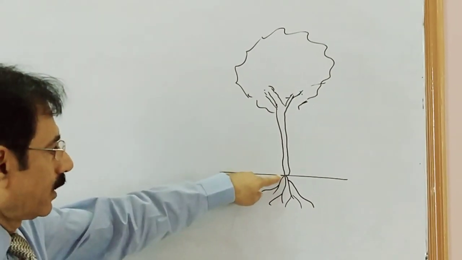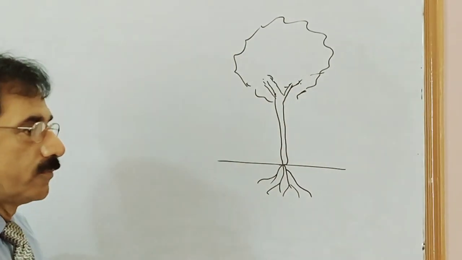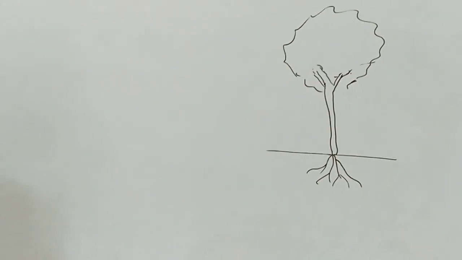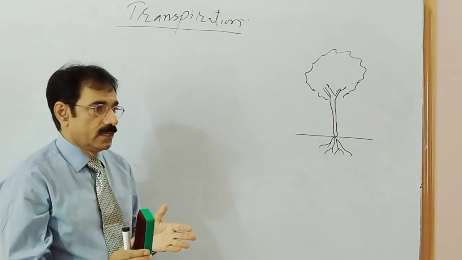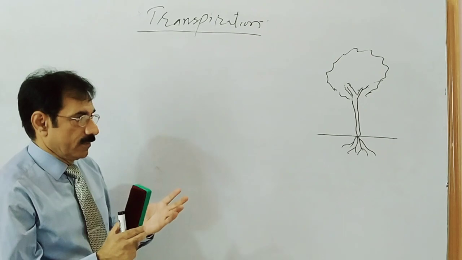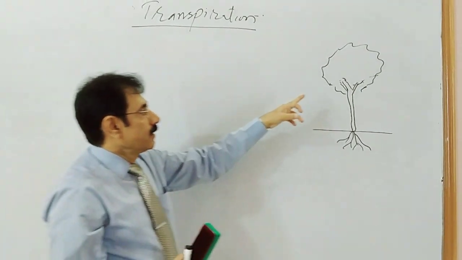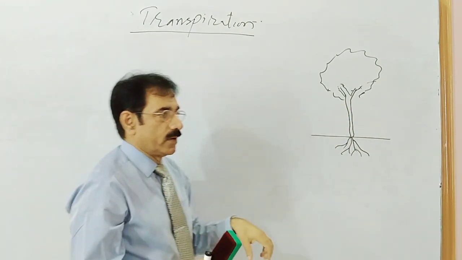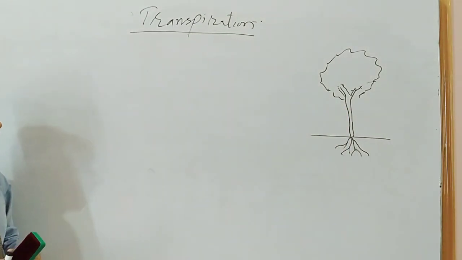From the aerial part, water moves and joins the atmospheric air in the form of vapors. This process of evaporation of water from any aerial part of the plant body is called transpiration.